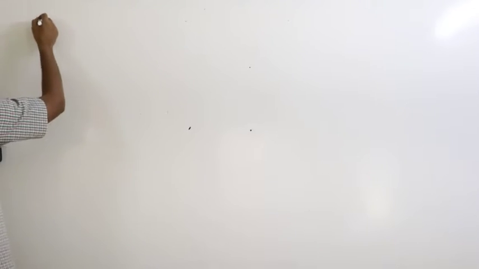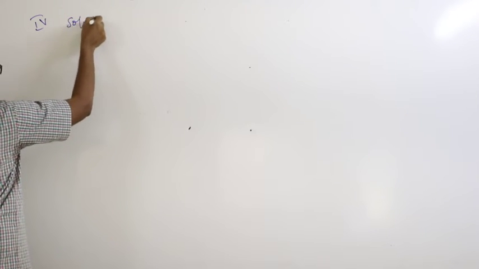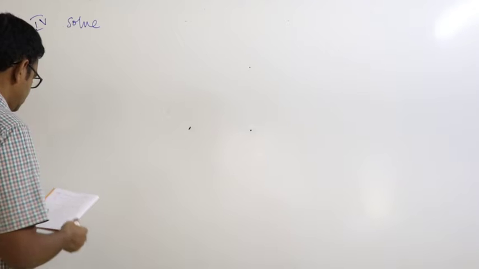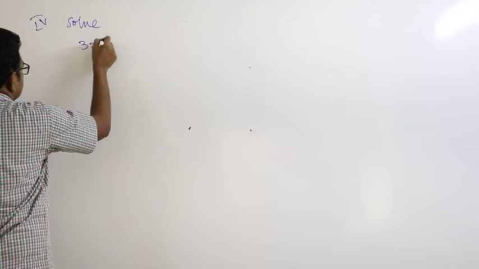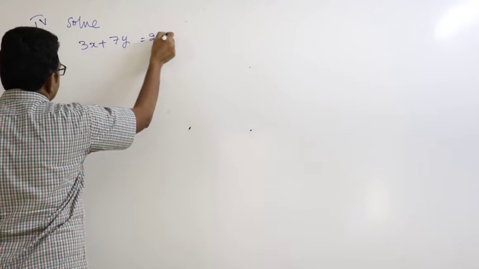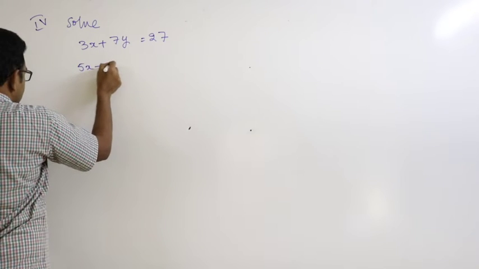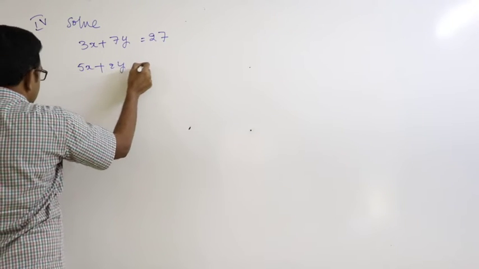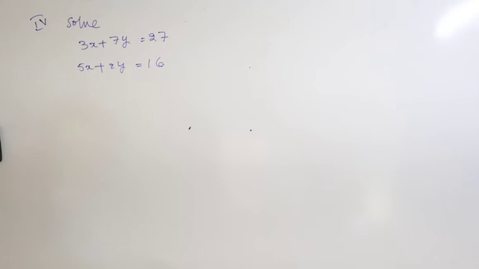Next method, next one. Solve the equations 3x plus 7y is equal to 27 and 5x plus 2y is equal to 16.